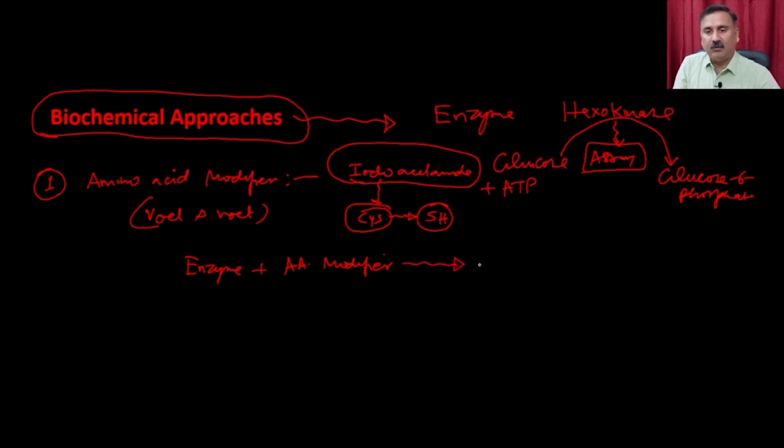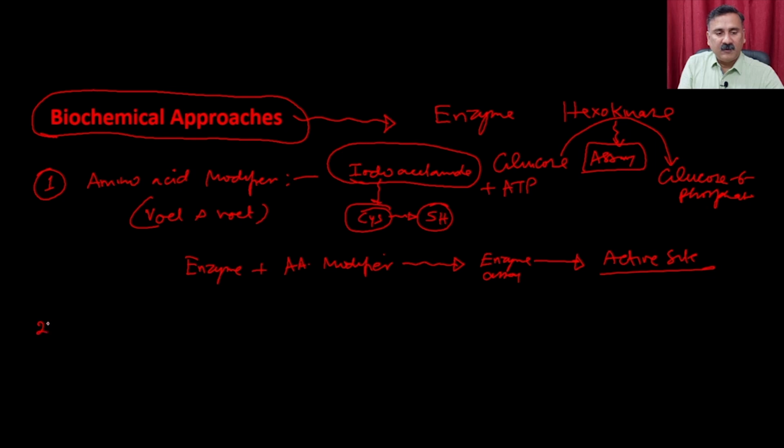And then you do the enzyme assay, and it will tell you whether the cysteine is involved in the activity, whether it is present in the active site or not.